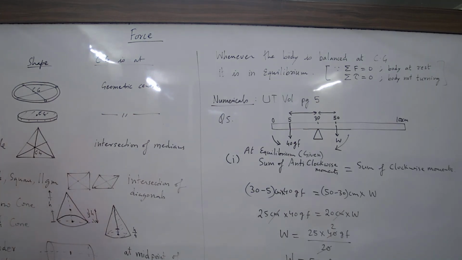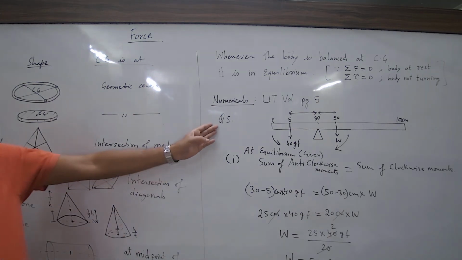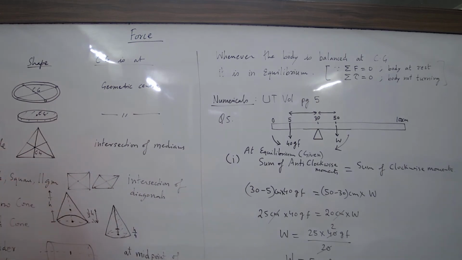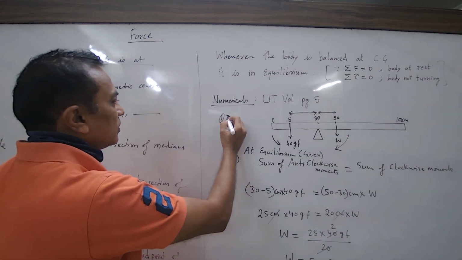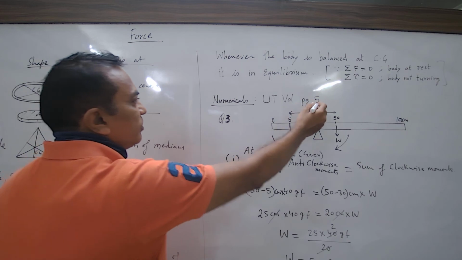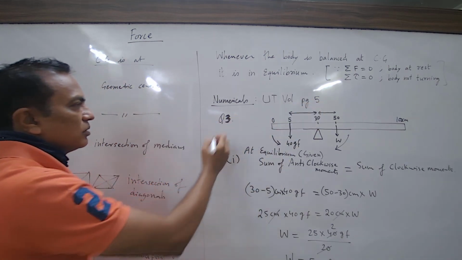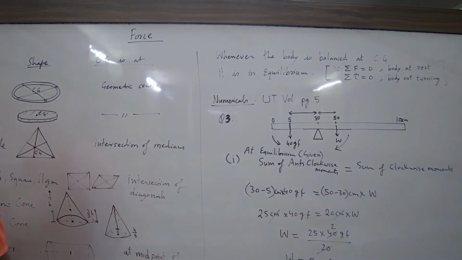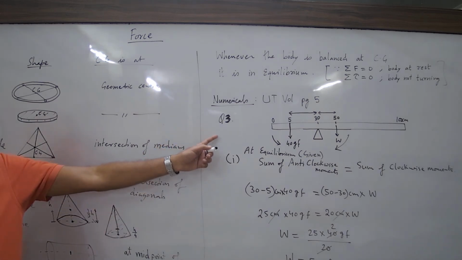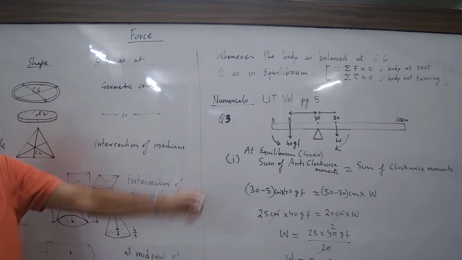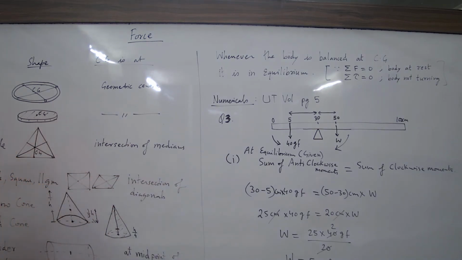So which question is this? Oh, this is question 3, on page 5. So from the diagram you should have figured it out. Is everybody okay now? Question 3: the first part is calculate the weight of the meter scale. This is how we calculate it.